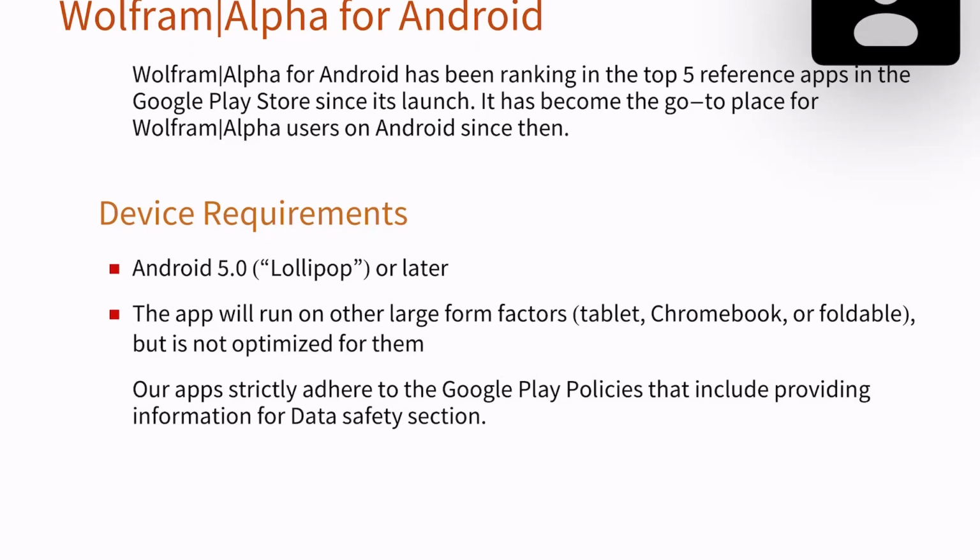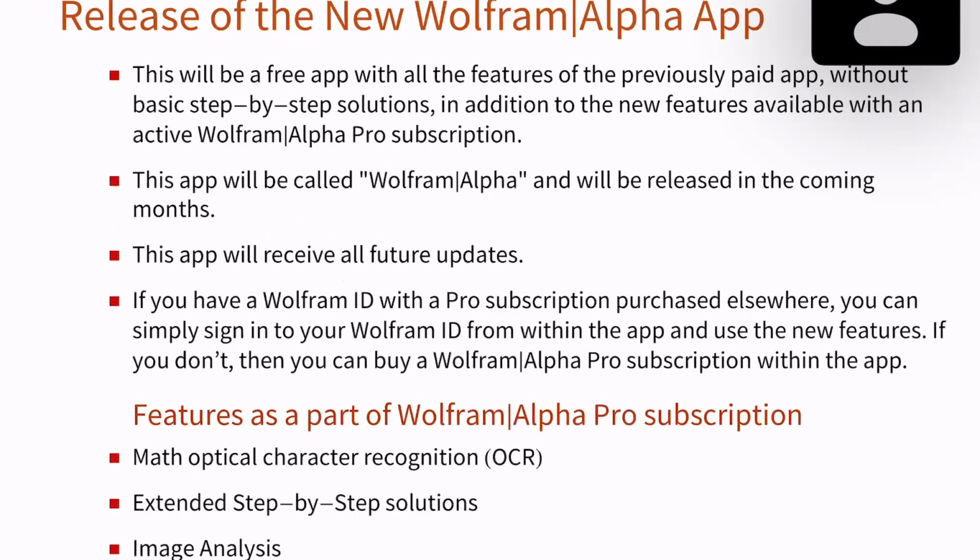Let us talk about the release of the new Wolfram Alpha app. As Nick pointed out, this will be a free app, and it will have all the features of the previously paid app. It will not have the basic step-by-step solutions, but it will have extended step-by-step solutions along with other features as a part of the active Wolfram Alpha Pro subscription.